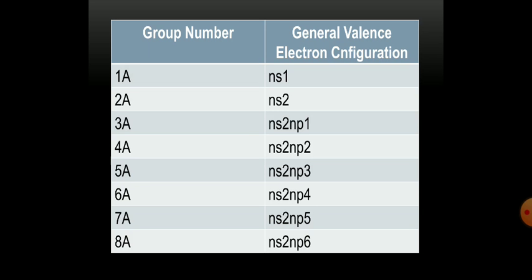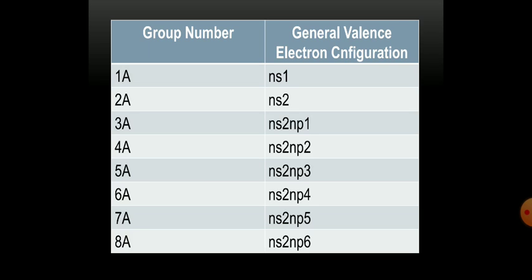Students, if we go through different families, or we can say groups, we have assigned a group number to each family, and the general valence electronic configuration we have mentioned in front of them.